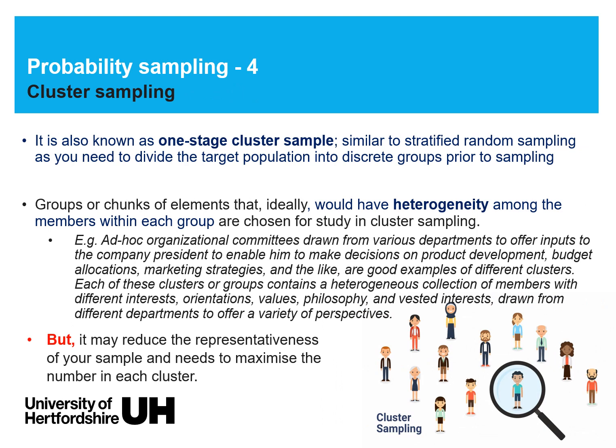The fourth probability sampling method is known as cluster sampling. The first one is called one-stage cluster sampling. It's very similar to stratified random sampling, as you divide the target population into discrete groups or segments before the sampling. But this normally happens when there is a heterogeneous group of people within your target population. For example, in the organization you have a target population from different ethnicity groups, a very diverse ethnicity group.